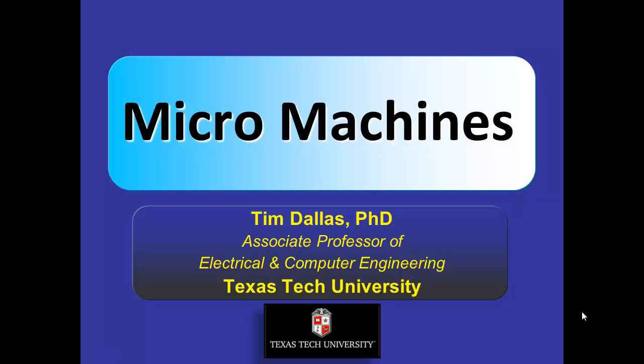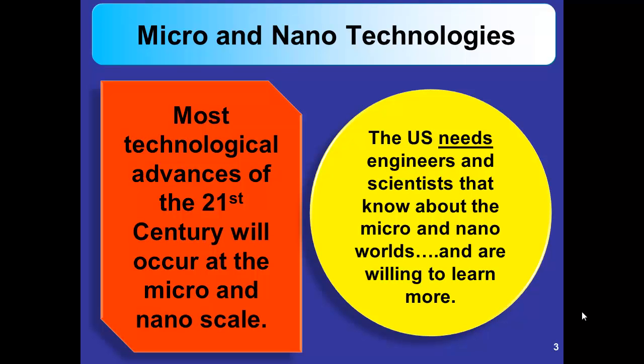All right, so I've entitled my talk today "Micro Machines," and hopefully you'll have a good idea of what that means once we get through this presentation. So micro and nanotechnologies are very important.